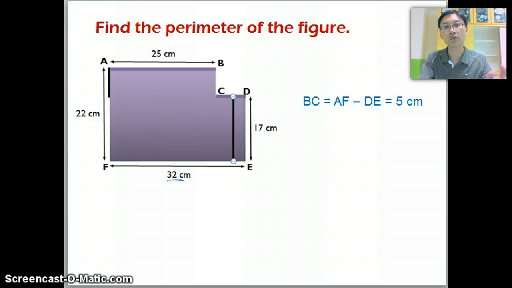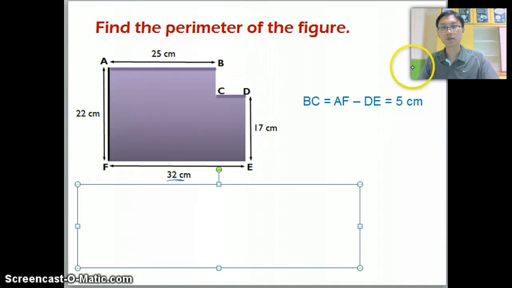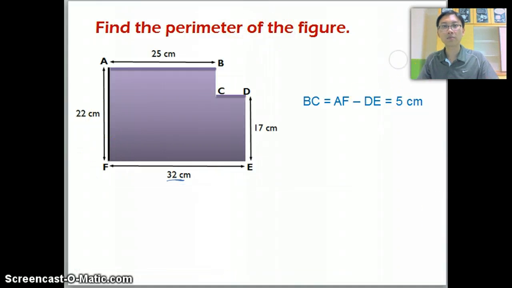I'm going to shift it over. Now observe what happens. Do you see that BC plus DE is equal to AF? Let me write it down. BC plus DE is equal to AF.